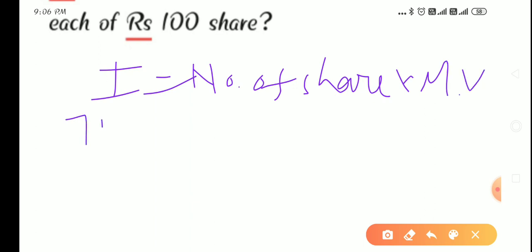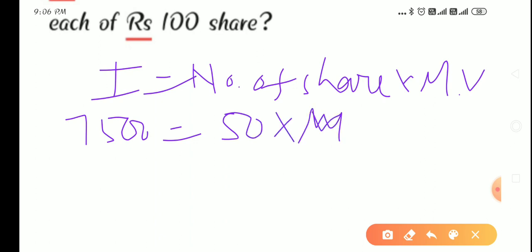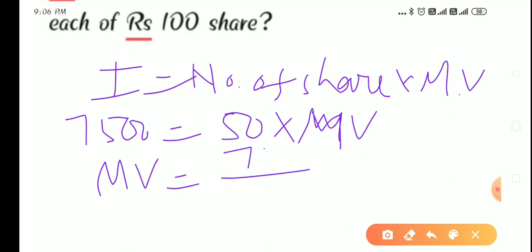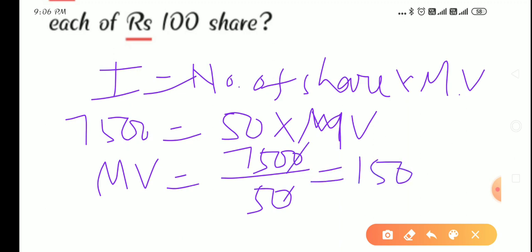So investment 7500 and number of shares 50, MV of one share you have to find. So MV will come 7500 upon 50. So 5 ones are 5, 5 fives are 25, 0. So MV of one share is rupees 150.